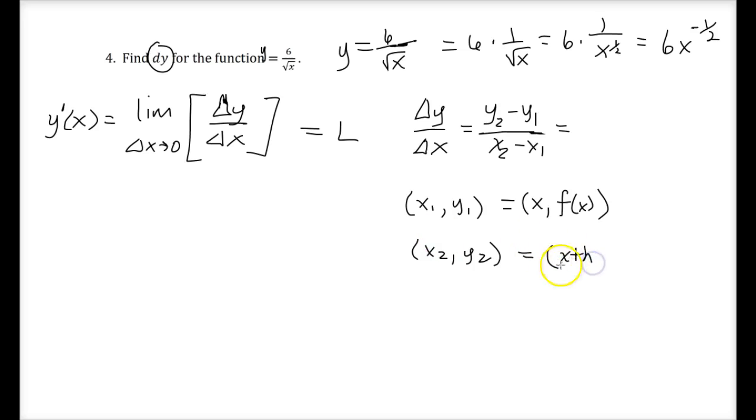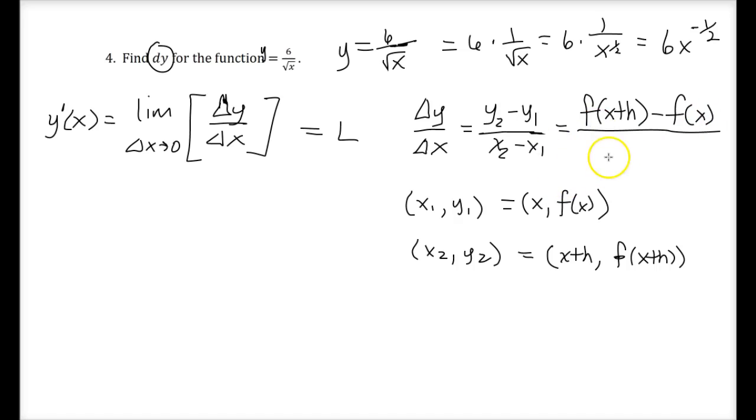Its x coordinate would be x plus h, and the corresponding y value would be f of x plus h. After we do all of this, our result would look very much like our difference quotient here. And of course, the x and the minus x cancel to be 0, so when we cancel all that out, we just get h in the denominator.